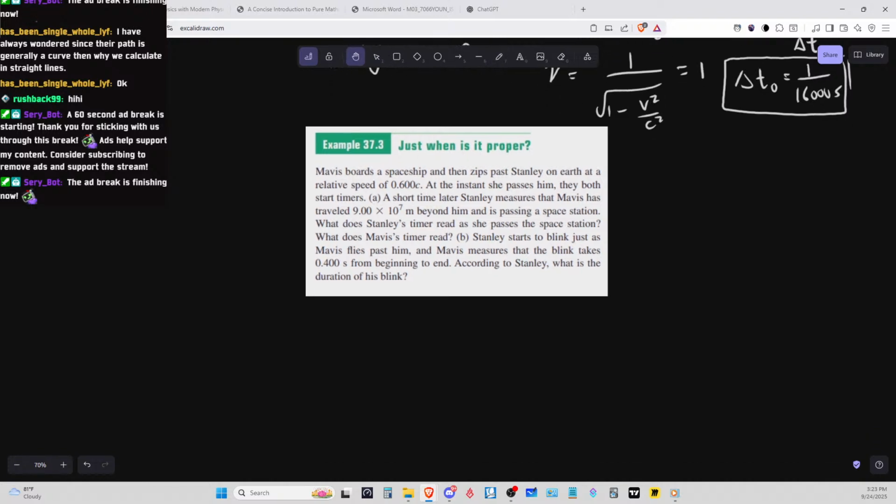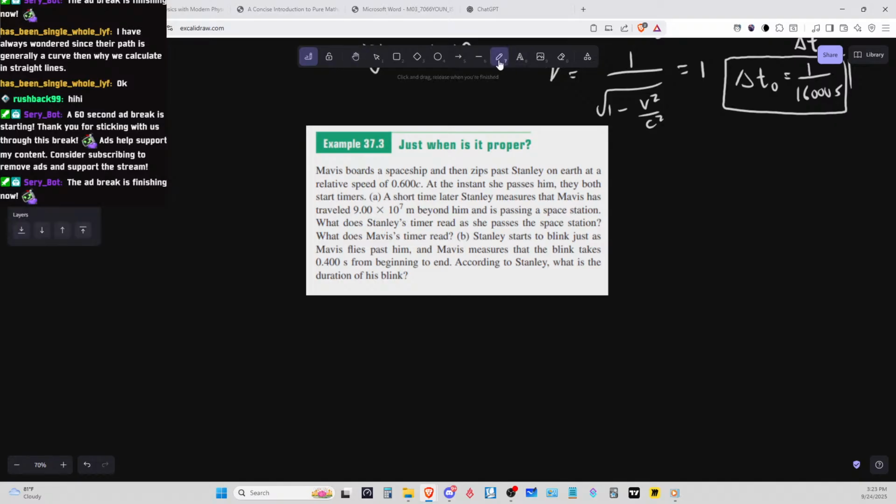Okay, so what is this next one? Just when it is proper. Mavis boards a spaceship and zips past Stanley on Earth at a relative speed of 0.600c. At the instant she passes him, they both start timers.